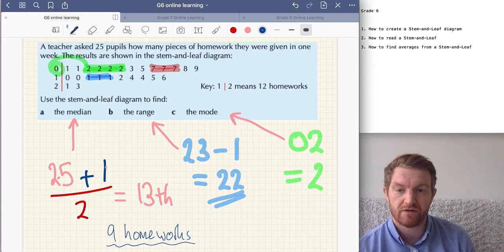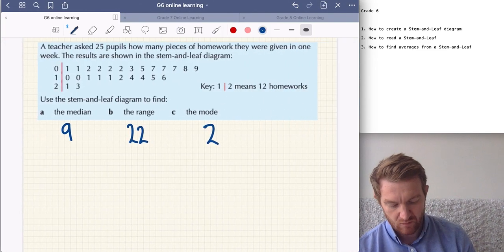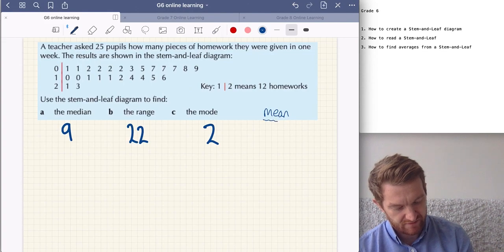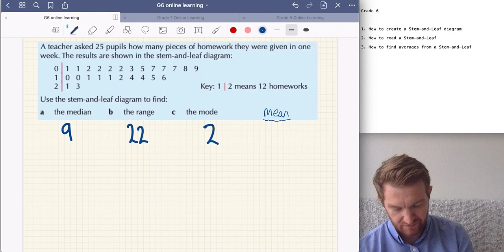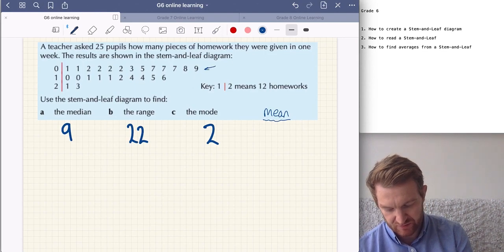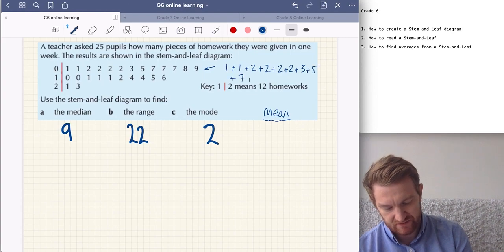Now even though the question didn't ask for it, we could have also done the mean. The mean takes a little bit longer. If we remember from our previous lessons, the mean is where we add them all up. So for example, in the first column, we would do 1 plus 1 plus 2 plus 2 plus 2 plus 2, ooh, lots of adding, plus 3 plus 5 plus 7 plus 7 plus 7 plus 8 plus 9.